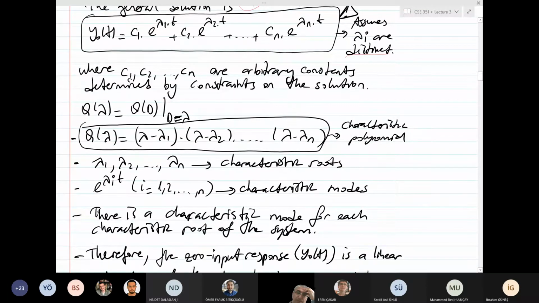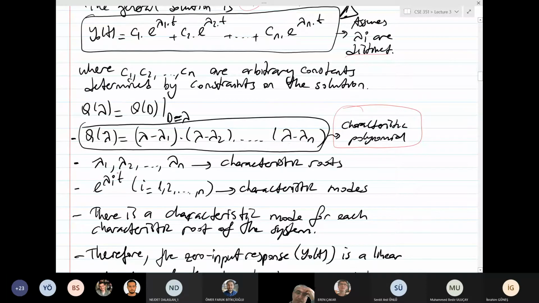So we replace D with lambda, the roots. Now we obtain Q of lambda, which is equal to lambda minus lambda1 times lambda minus lambda2 up to lambda minus lambda n. This is called the characteristic polynomial. If I ask you to find the characteristic polynomial of a system, you need to write this down.